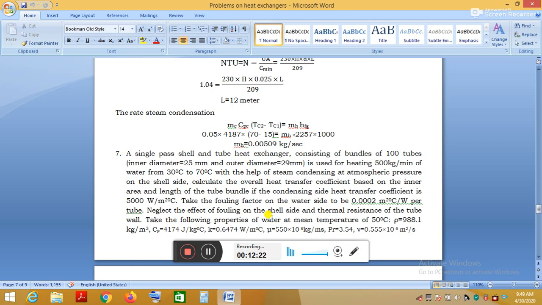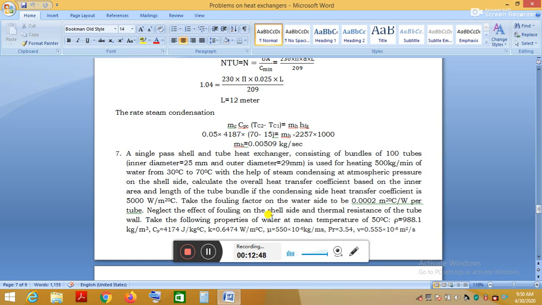With the help of steam condensing at atmospheric pressure on the shell side. Here also the steam is condensing, similar to the last problem, and it is condensing at atmospheric pressure. That means we can take the inlet temperature of the hot fluid and the outlet temperature of the hot fluid as 100 degrees Celsius.